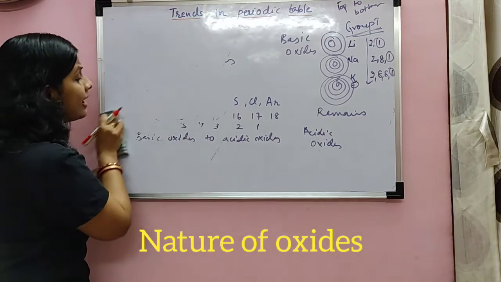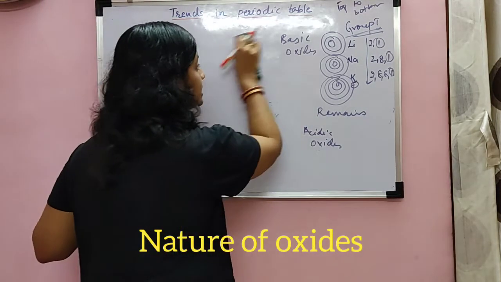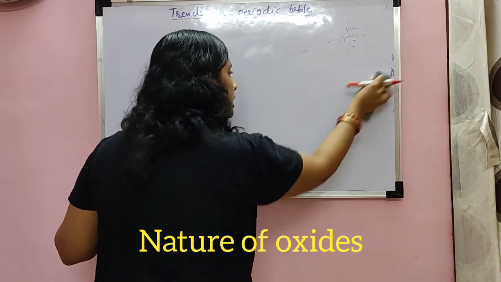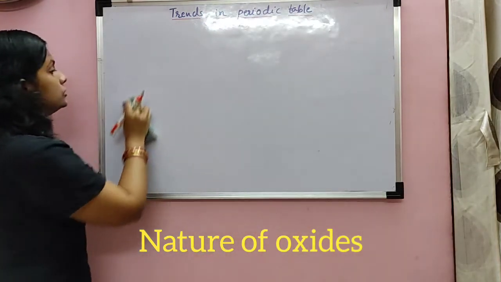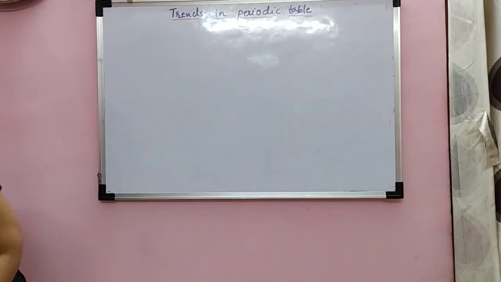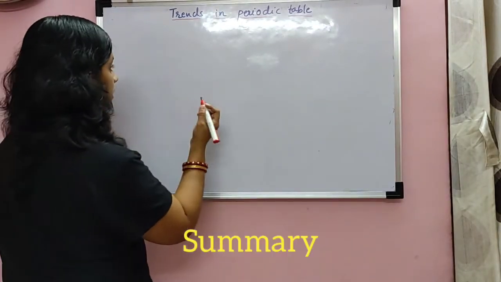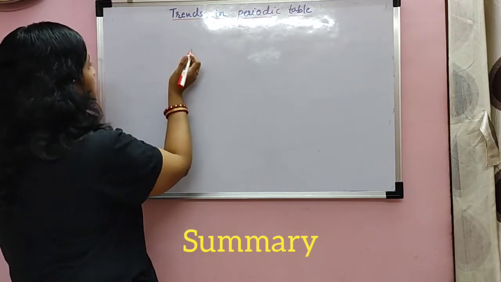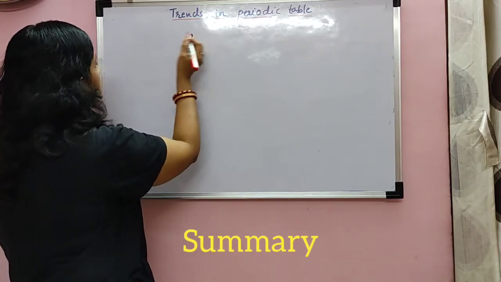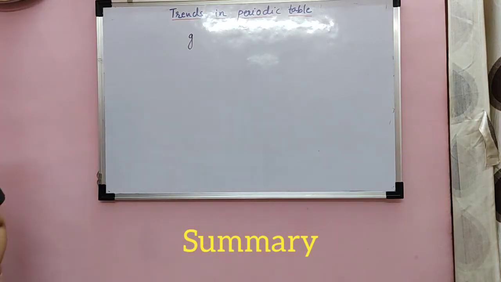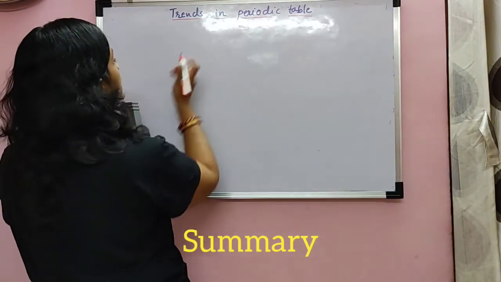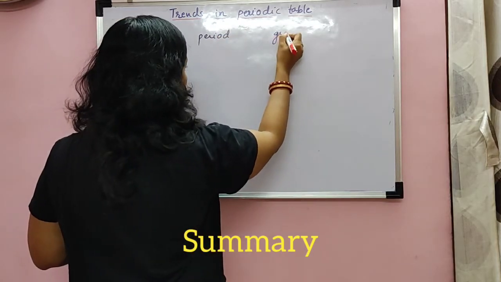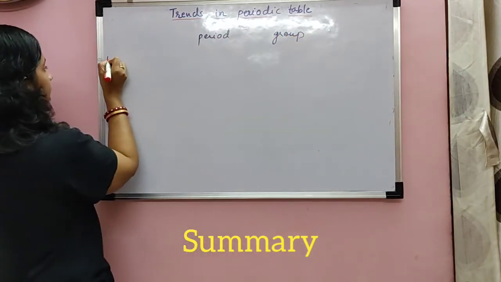So at the end I want to summarize what we have studied till now. We will make a chart and write according to it. First we will write period and then group, and here we will write the characteristic.